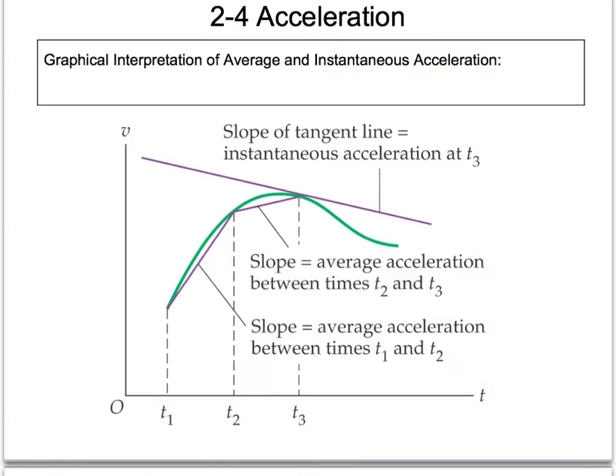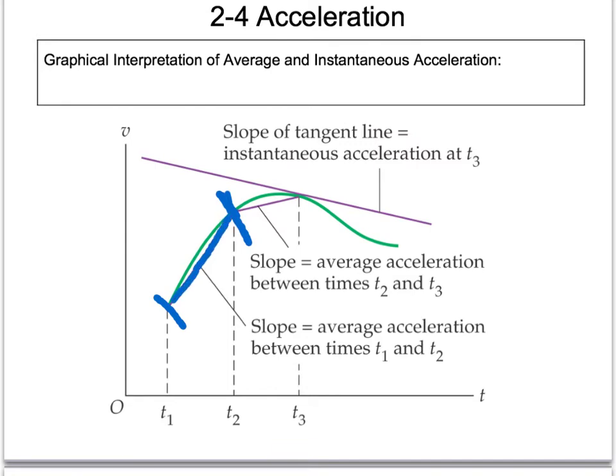All right, instantaneous acceleration and instantaneous velocity. Remember I told you that instantaneous acceleration and instantaneous velocity are both finding the slope of a certain part of a graph. And that's what this diagram is about. So if I wanted to find the average acceleration from t1 to t2, we would try to find the approximate slope of that segment.